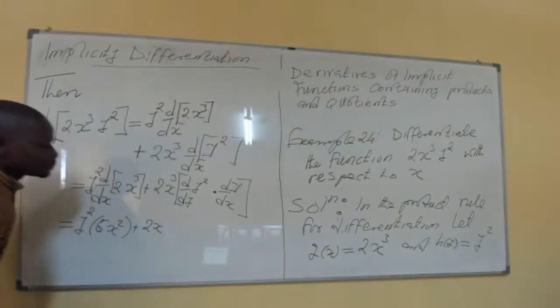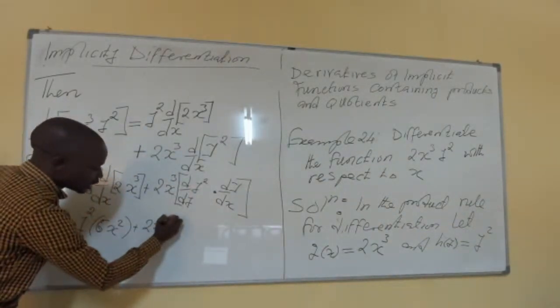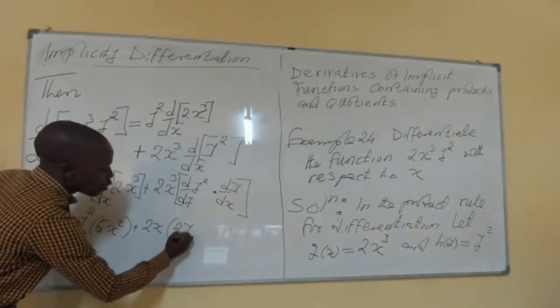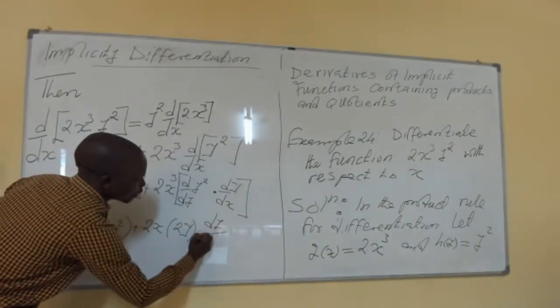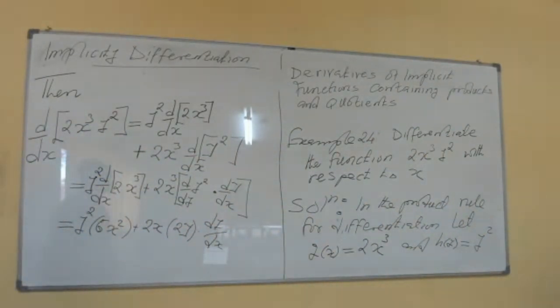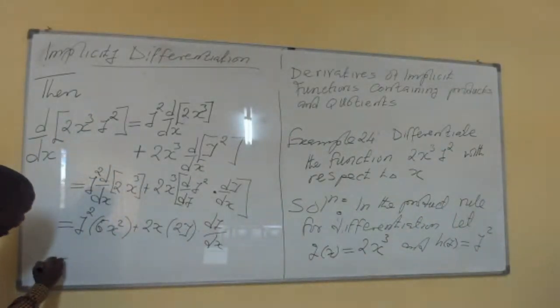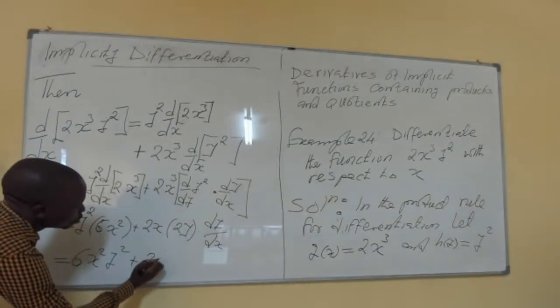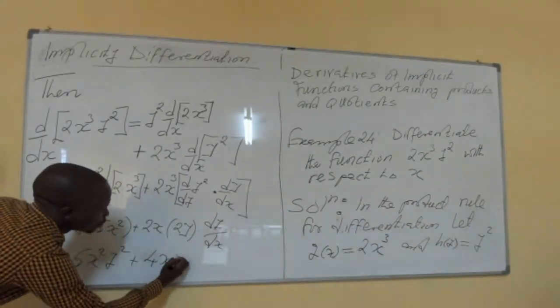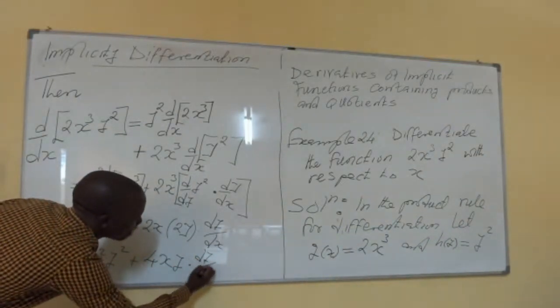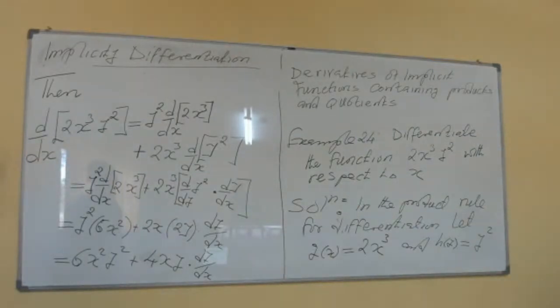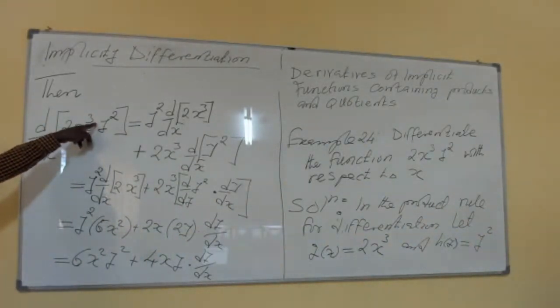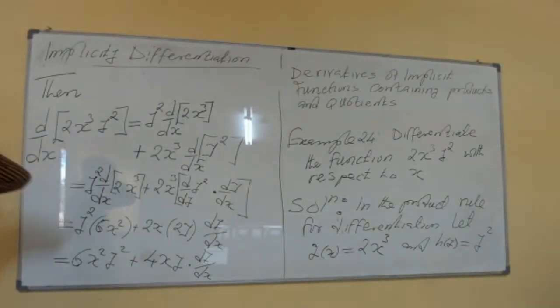Now, the derivative with respect to y of y power 2 is going to give us 2y, then multiplied by dy/dx. After simplifying, what you're going to get is 6x squared y squared plus 4xy multiplied by dy/dx. So we have differentiated the given function, which is 2 times x power 3 times y power 2. So you are done with that equation.